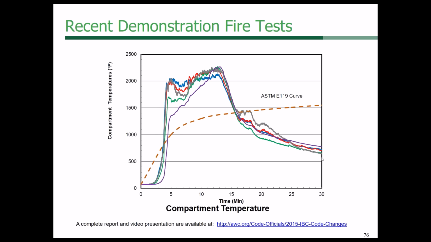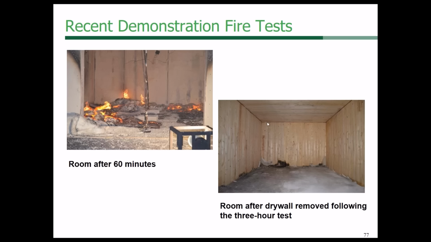This drop has to do with the fuel being all burned up and no fuel left. But you can see that the first 15 minutes far exceeded what was required for the ASTM E119 test. So you can see after the 3-hour test, and they did run it for 3 hours, that there was very little damage to the cross-laminated timber.